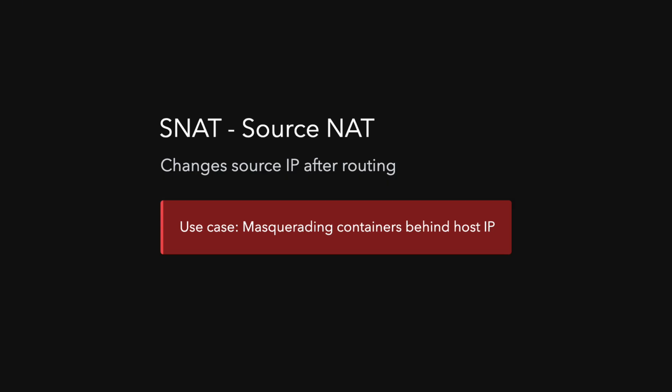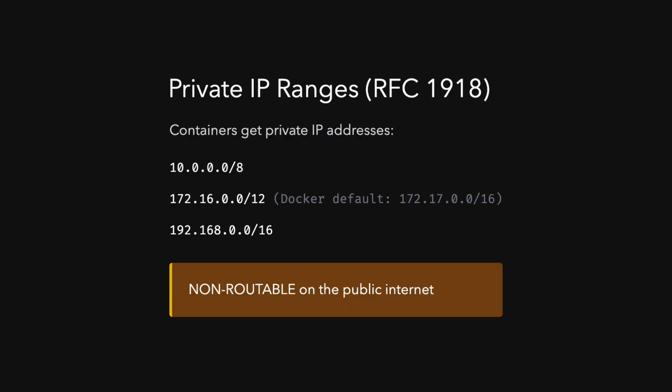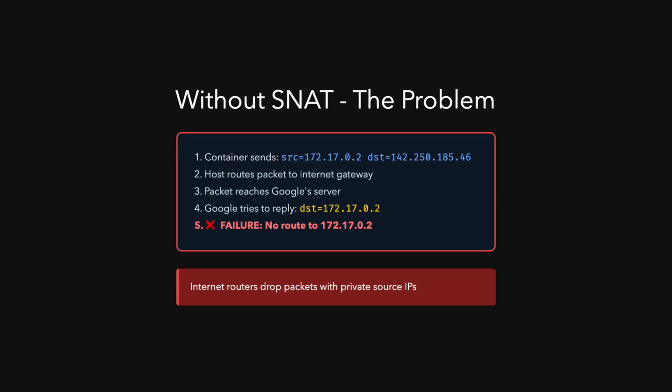So let's understand the fundamental problem SNAT solves. Containers get private IP addresses, and these addresses are non-routable on the public internet. Internet routers are configured to drop packets with these source IPs. So without SNAT, here is what would happen. For example, a container sends a packet to google.com.